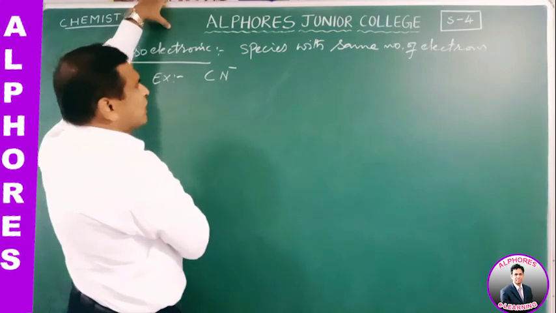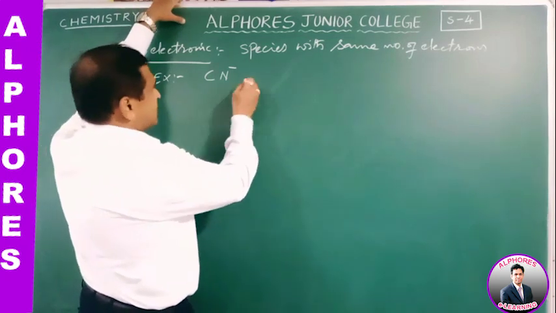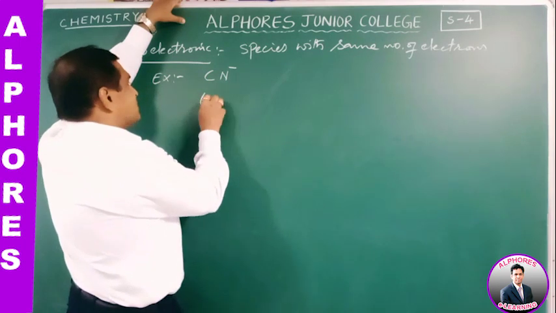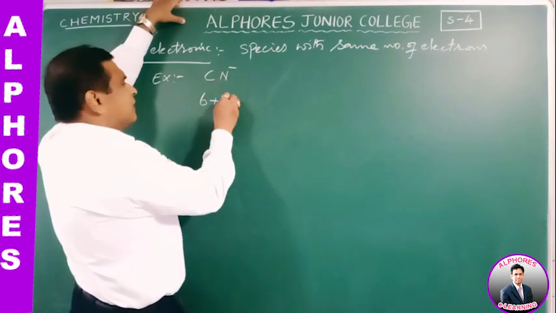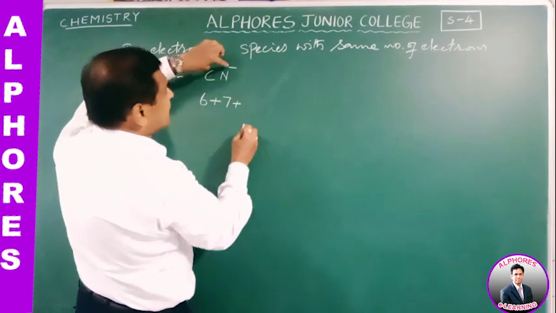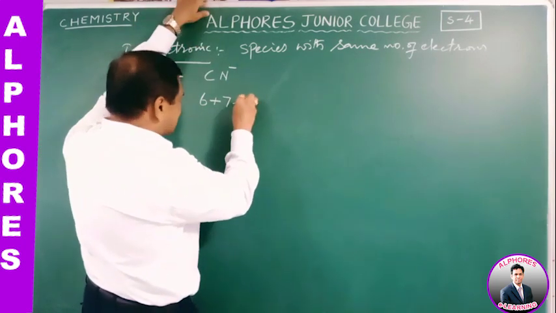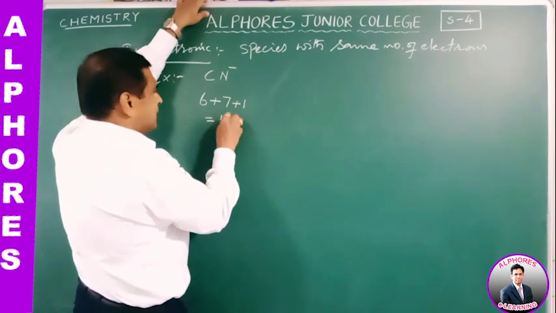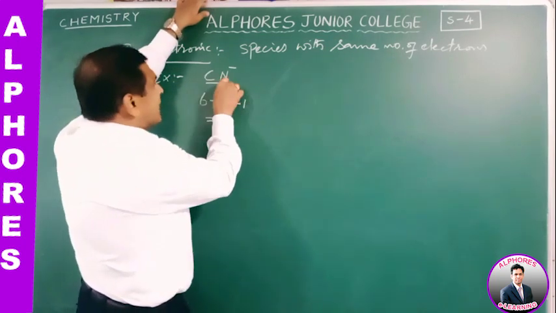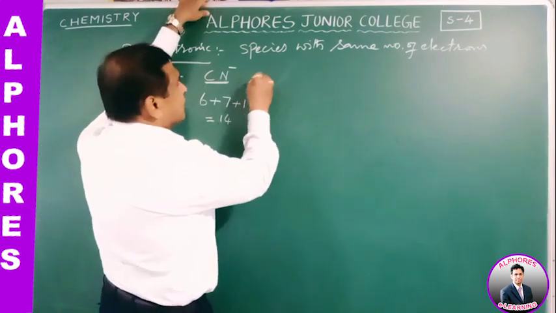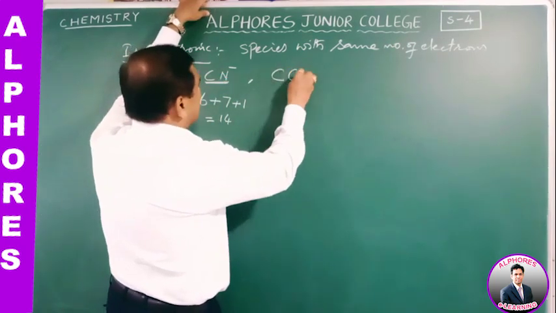The number of electrons present in this CN minus: carbon atomic number is 6, so it has 6 electrons, and nitrogen atomic number is 7, and the one negative charge means one electron is in excess. So the total number of electrons is 14. So this cyanide ion, CN minus, is isoelectronic with carbon monoxide.